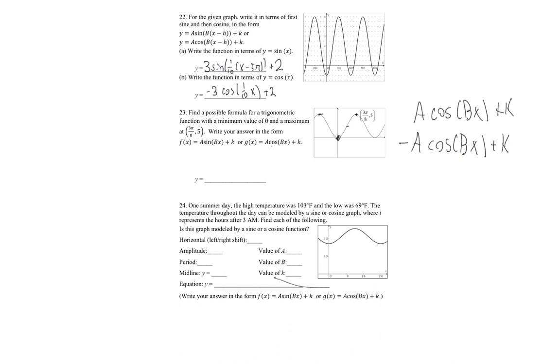So let's go ahead and figure out what our a value is. Well, from the minimum to the maximum, that is a difference of 5. So halfway is 2.5, right? And that's actually what our midline is going to be. So I can go and put that in.